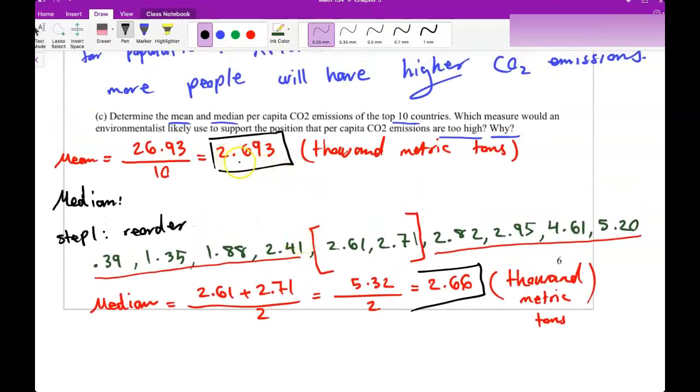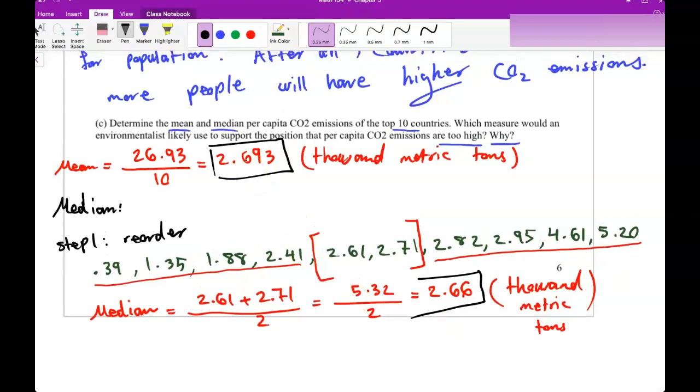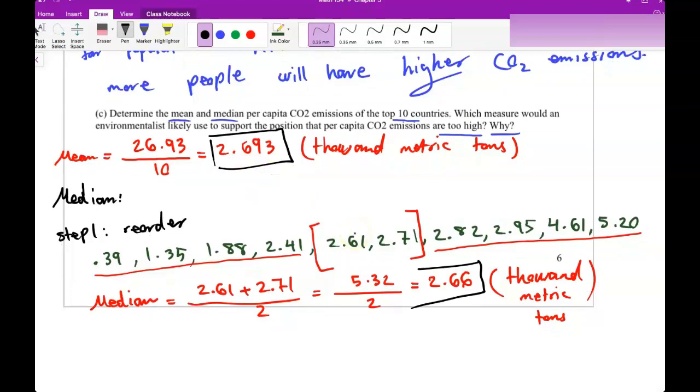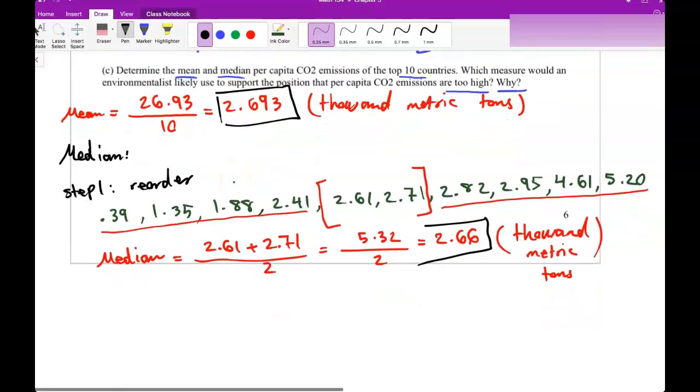Okay, so for mean we got 2.693, but for median it is 2.66, and the mean is higher. So the environmentalist would use the mean because that is higher. Which measure would he use to support a position that per capita emissions are too high? Since we want to show it is too high, we use the one which is higher. So he's going to choose the mean.